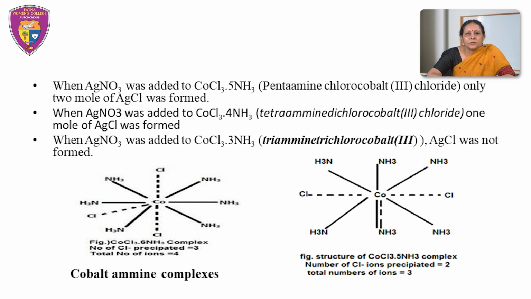Next, silver nitrate was added to tetraamminedichlorocobalt chloride. 1 mole of silver chloride was formed. 2 chloride ions exhibit dual behavior, primary as well as secondary valency. The total number of ions is 2: 1 chloride and 1 complex. When silver nitrate was added to triamminetrichlorocobalt 3, silver chloride was not formed because it is a neutral molecule.